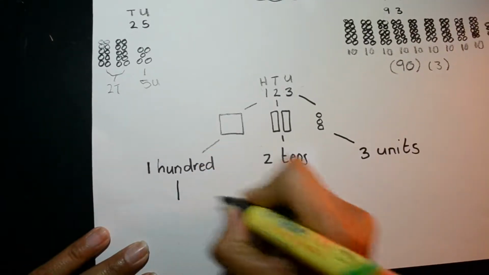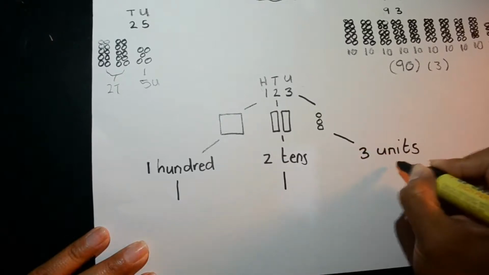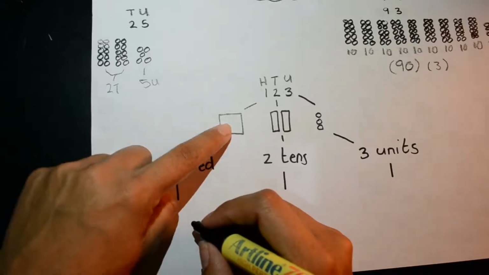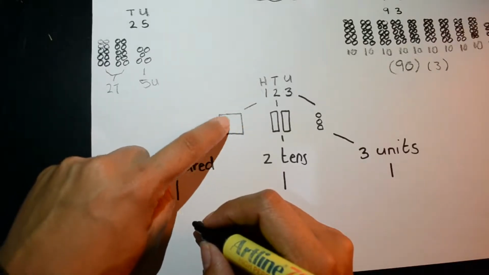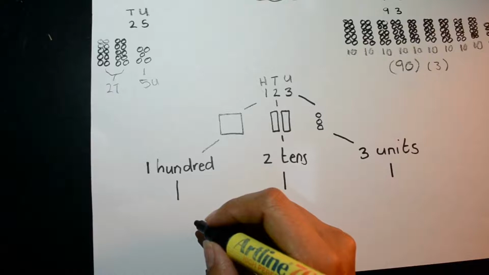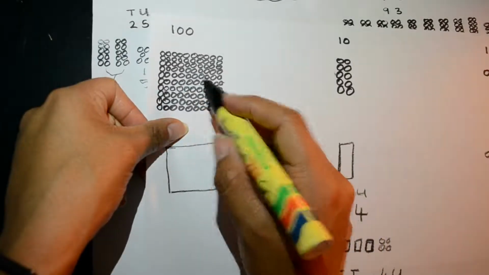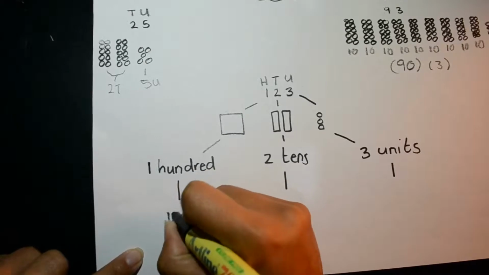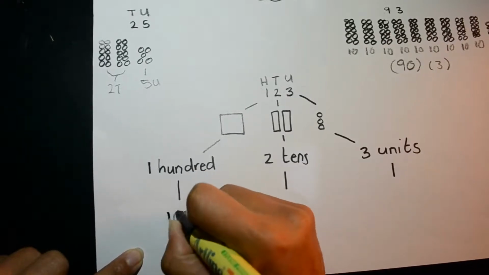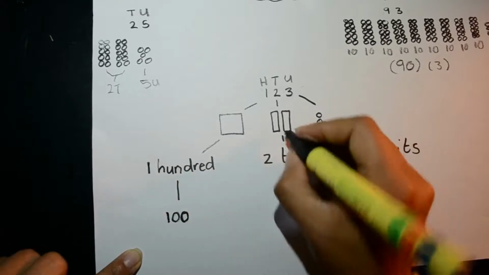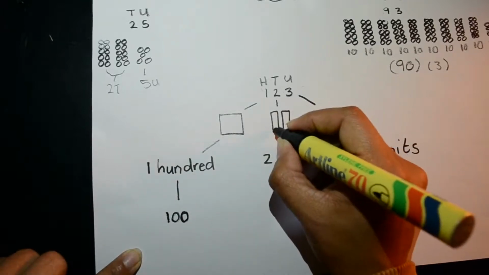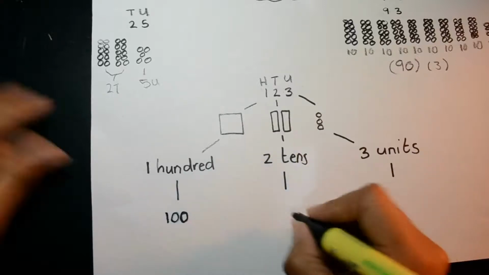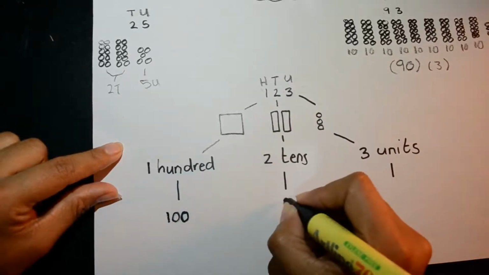Inside this 100 and inside these 2 tens and inside these 3 units, how many pieces are there? In this whole block there are 100 pieces. And inside this one there's a 10, and inside this one there's another 10. So those 2 tens make up 10 and 20.